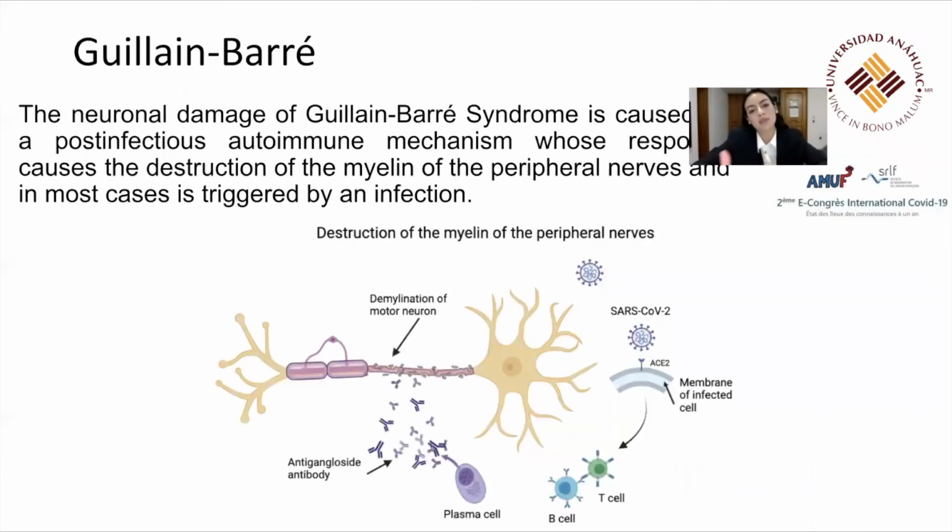The neural damage of Guillain-Barré syndrome is caused by a post-infectious autoimmune mechanism, whose response provokes the destruction of the myelin of the peripheral nerves, and in most cases is triggered by an infection.